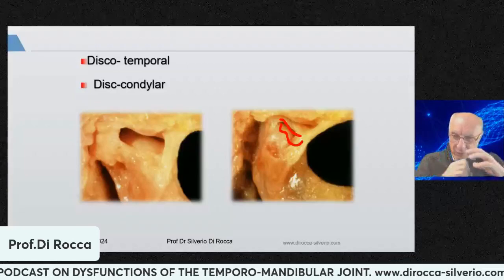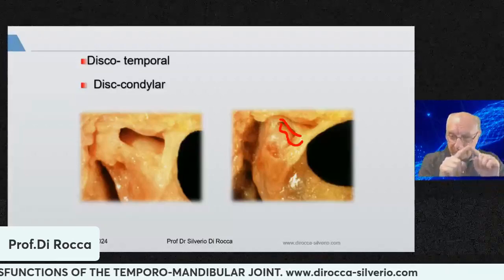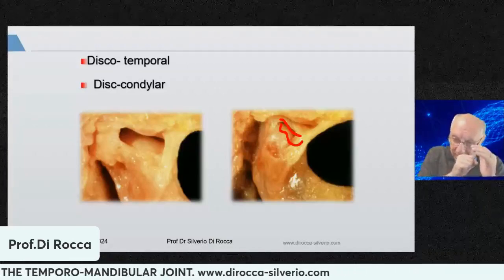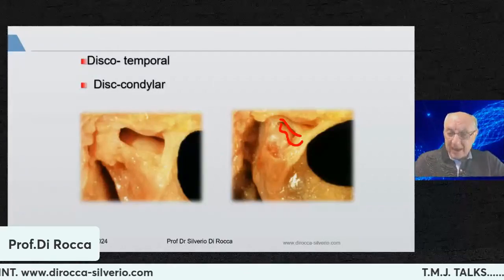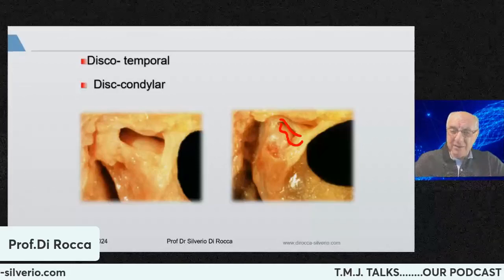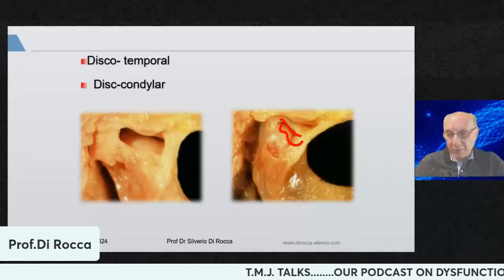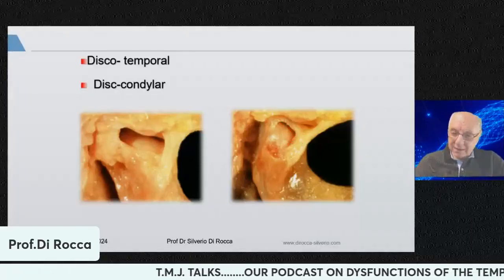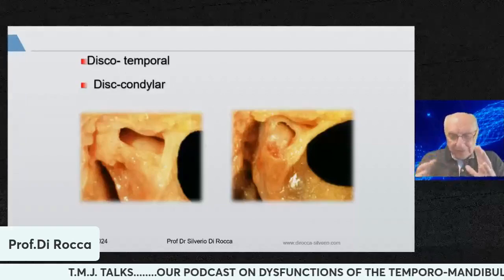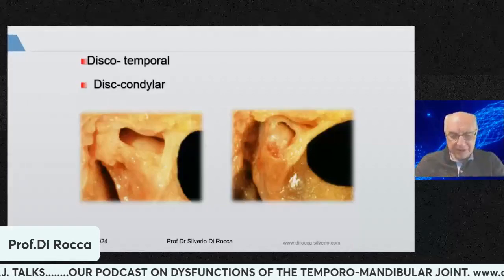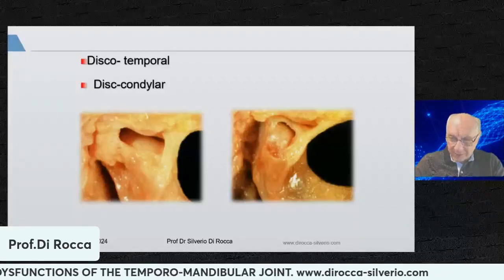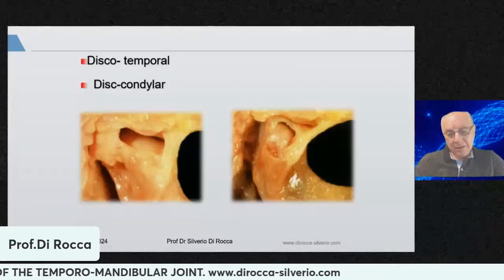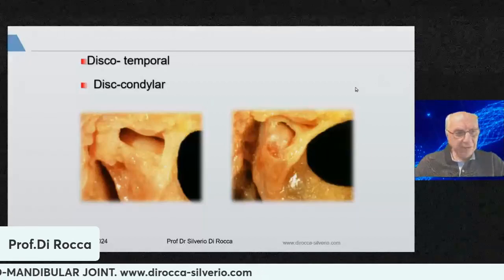Because the condyle, if there is no disc, will go ahead to the zygomatic arch. That's why we have this particular disc. This concept is also very, very important. Okay, we go ahead with the presentation.